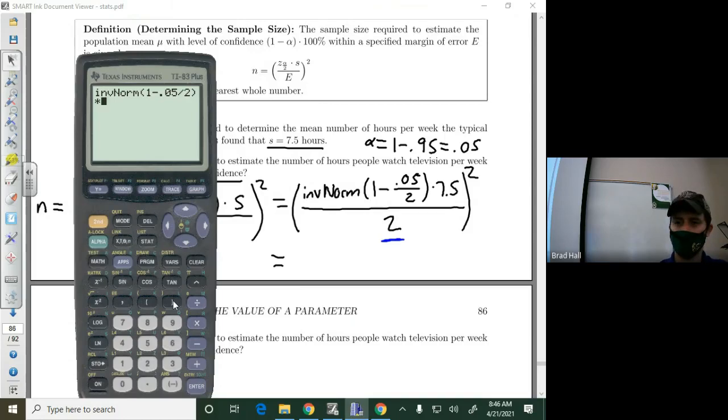So pretty much we're doing exactly what we did before. Oh yeah, and don't forget parentheses around this whole thing because we're going to have to square it. Divided by 2, close parentheses, and square that. And of course, inverse normal can be found under second and VARS, distribution.